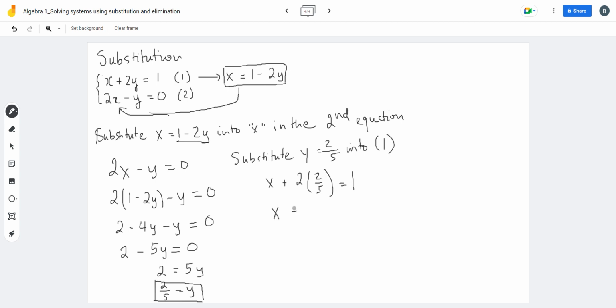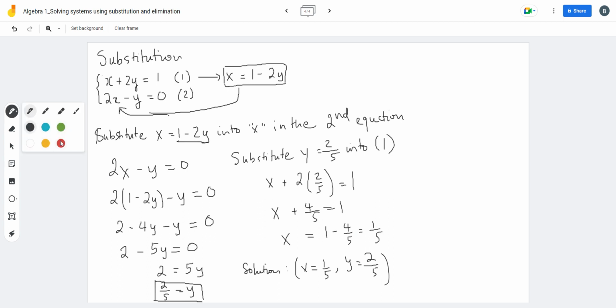So here, x plus 4 over 5 equal to 1, and you're going to subtract 4 over 5 from both sides. So 1 minus 4 over 5 is equal to 1 over 5. So the solution of this system is x equal to 1 over 5, y equal to 2 over 5.